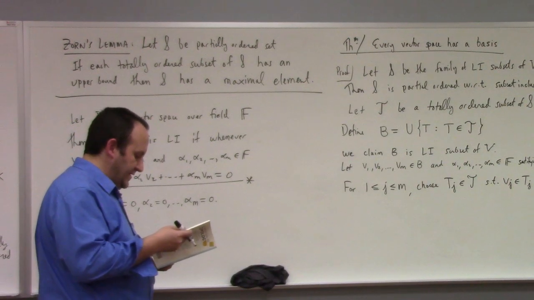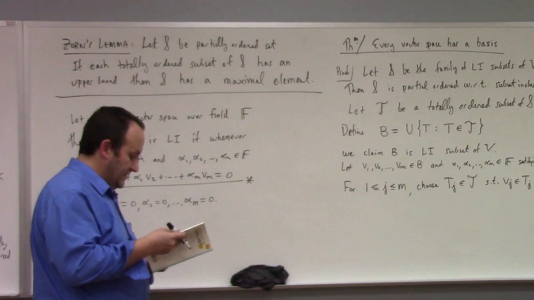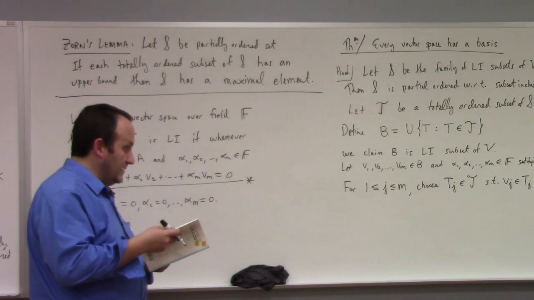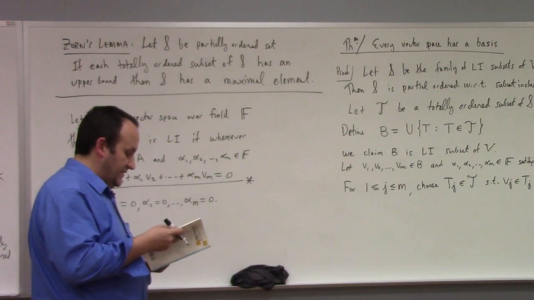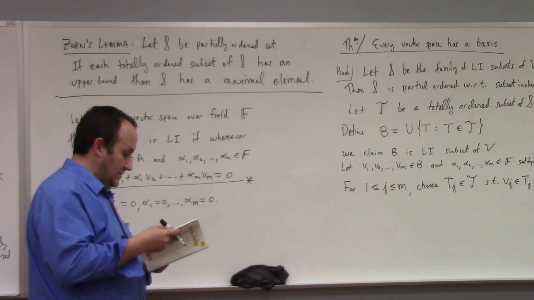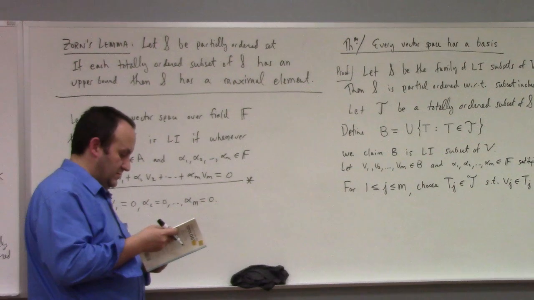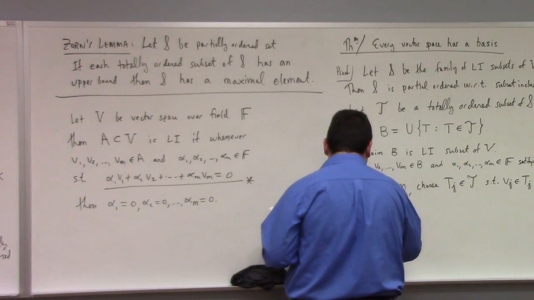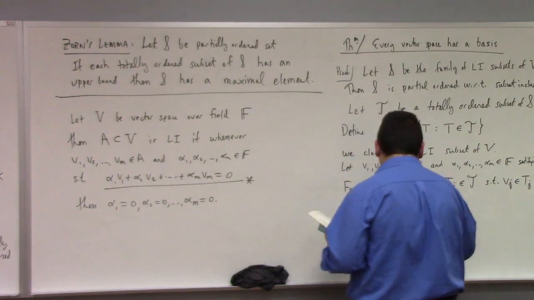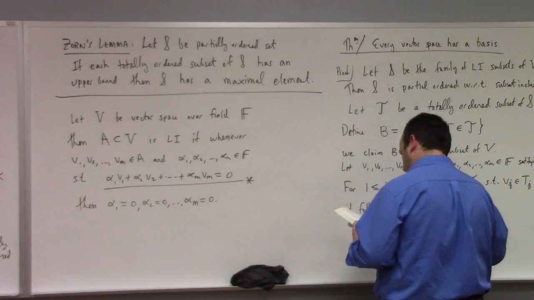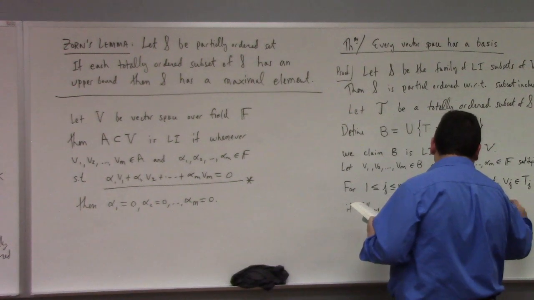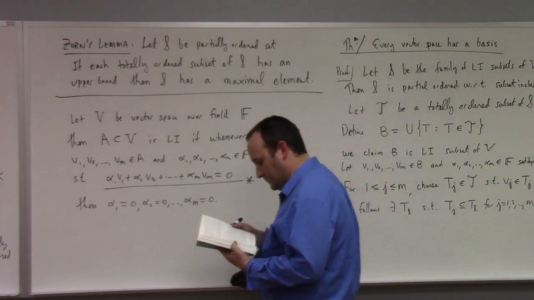He says, since the t_j's are totally ordered, and since there are only finitely many of the t_j's, one of the t_j's includes all the others. All right, let's call that one t_L.